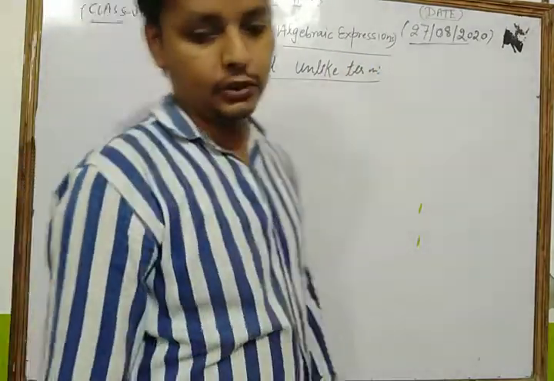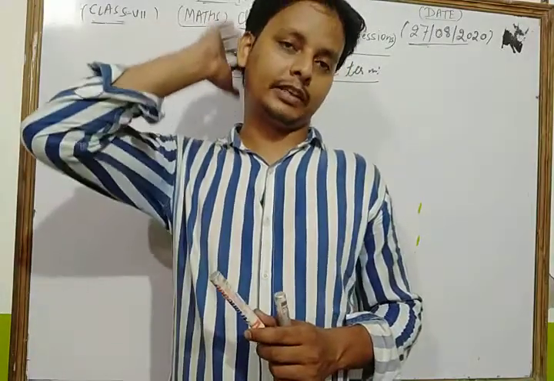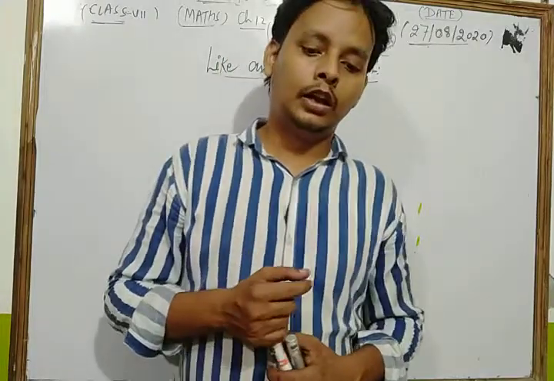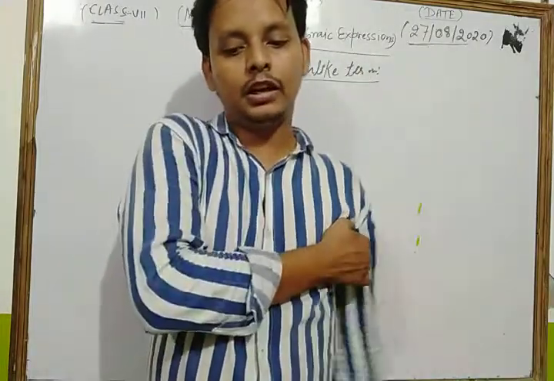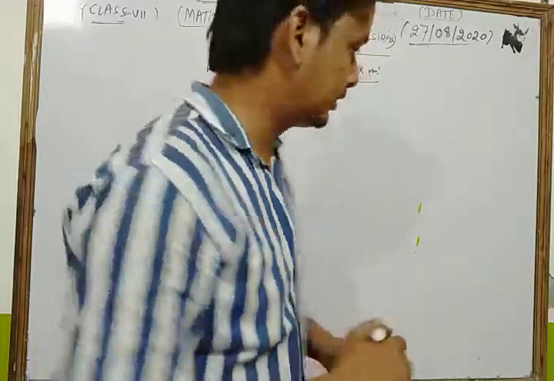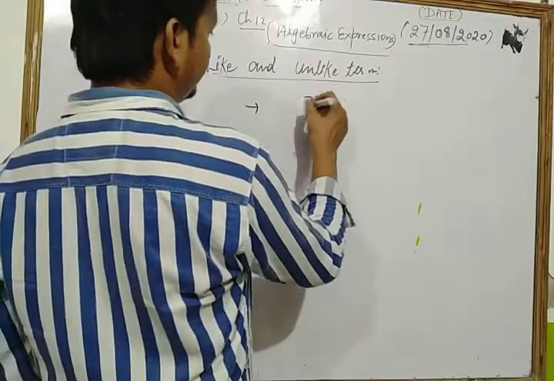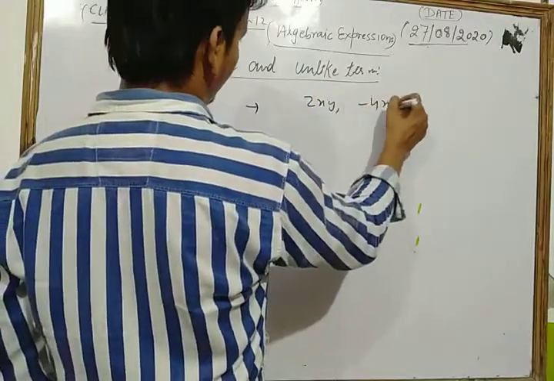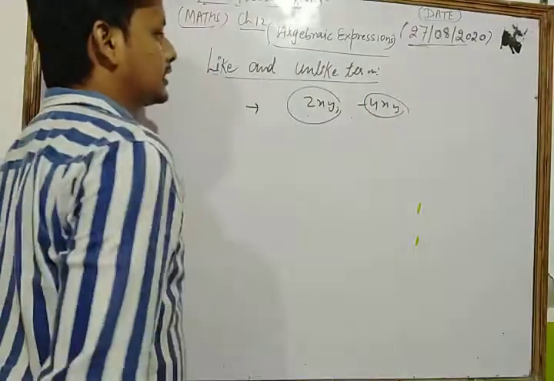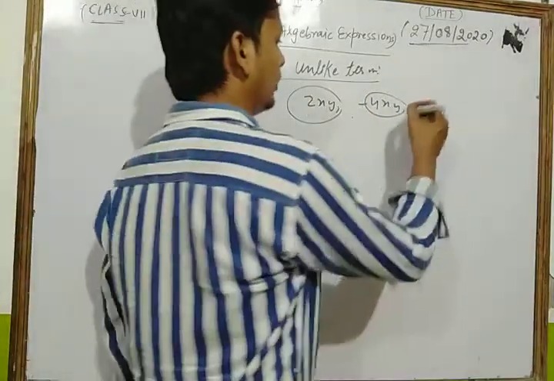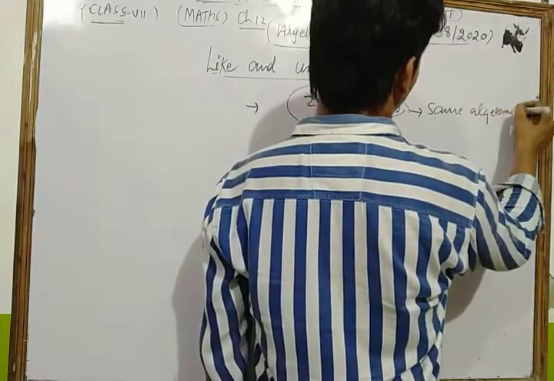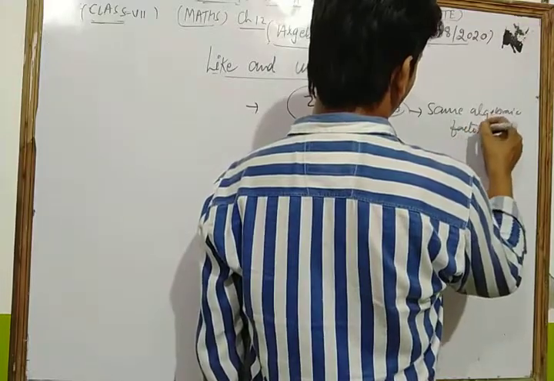Like and unlike terms. Dear students, when terms have the same algebraic factors, they are like terms, and when terms have different algebraic factors, they are known as unlike terms. For example, if we write 2xy and minus 4xy, these terms are like terms, because they have the same algebraic factor.